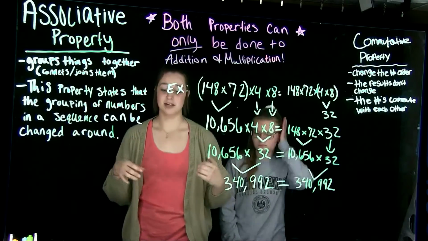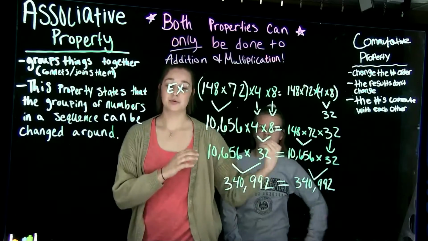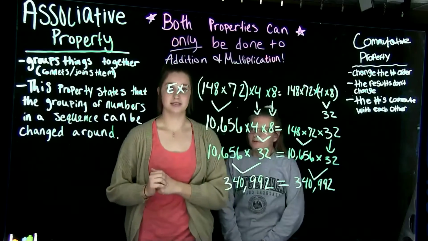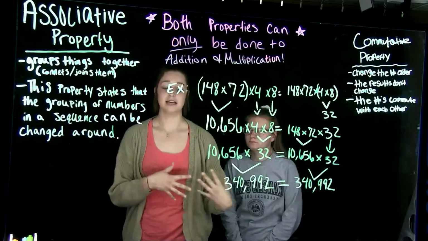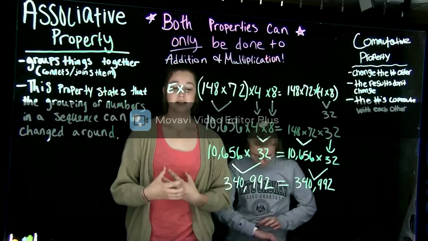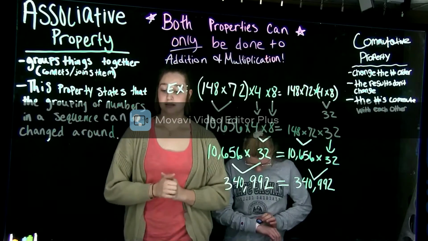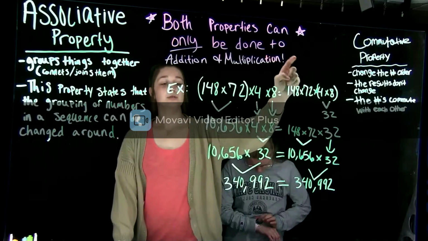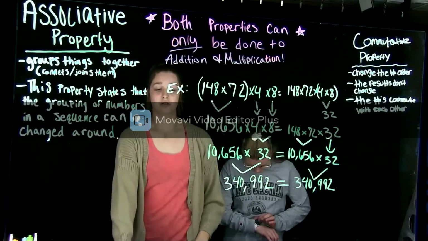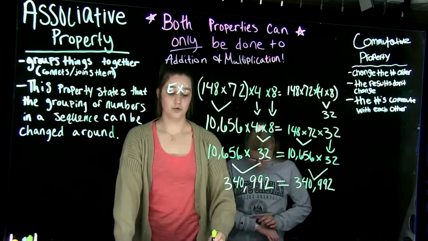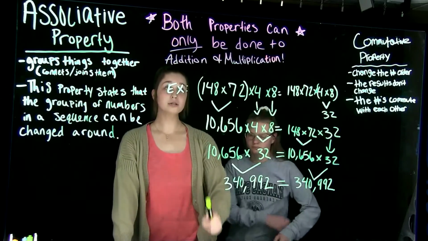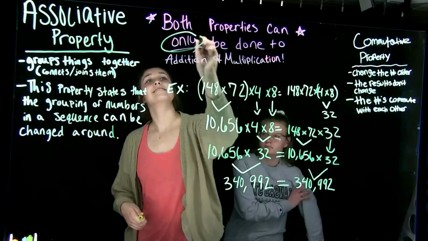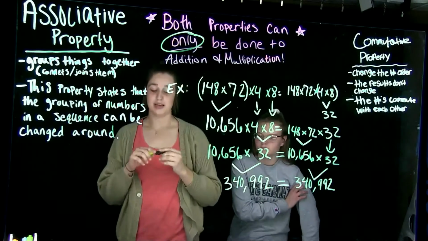You're gonna get a different answer if you do 4 minus 2 minus 7, if that makes sense, because you're not subtracting or dividing in the same order, because your numbers decrease instead of increase is part of the issue with that. So those two properties do not apply at all to subtraction or division. They're only to be used on addition and multiplication.